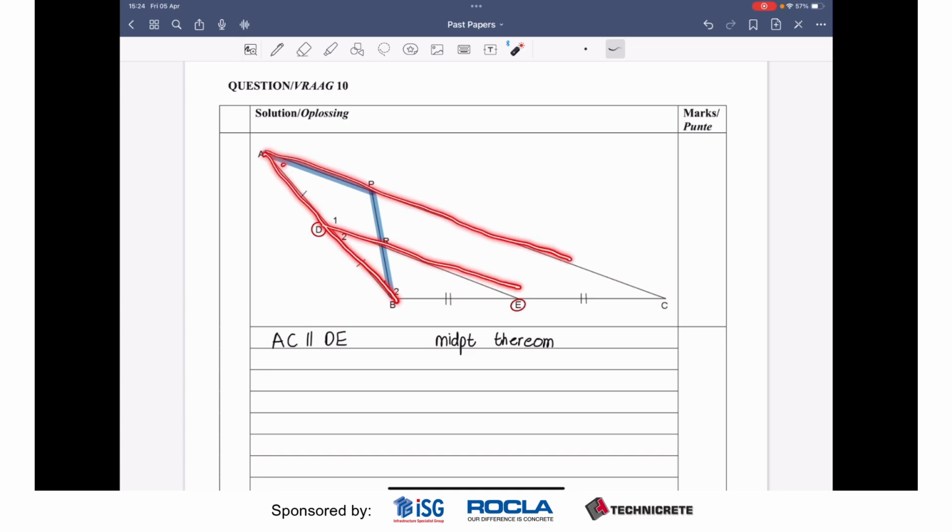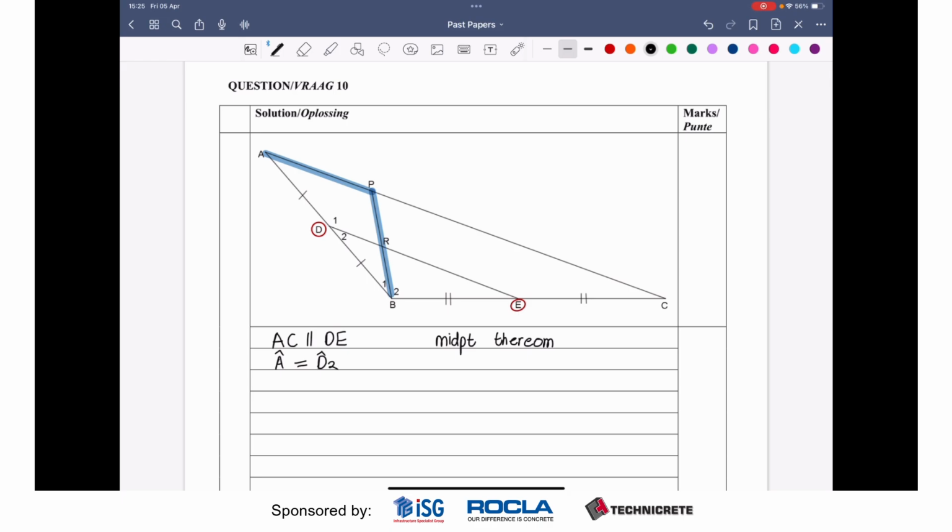So that means that this angle is going to be equal in size to this angle, and that's corresponding angles because of the parallel lines AC and DE. So angle A is equal to this angle D2, corresponding angles, AC parallel to DE. Okay, so now I know that these are equal.